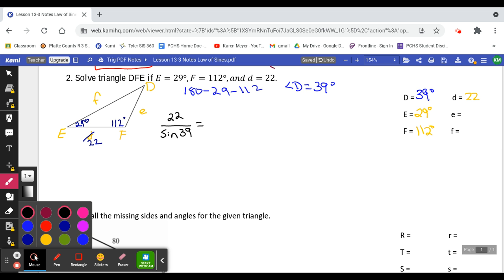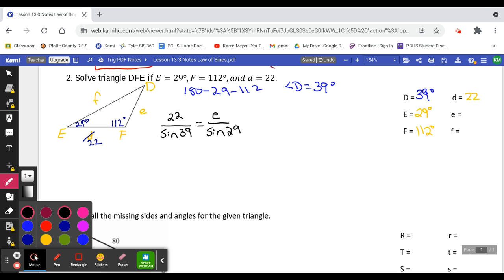So one fraction, you must know the little letter and the big letter. Boom, check, equals. Now we get to decide, do we want to find little e or do we want to find little f? Doesn't matter which one we pick first, so I'm just going to go with little e. So for little e, I would set it up as little e over sine of big E, and big E is 29 degrees.